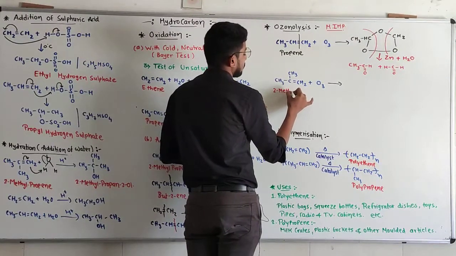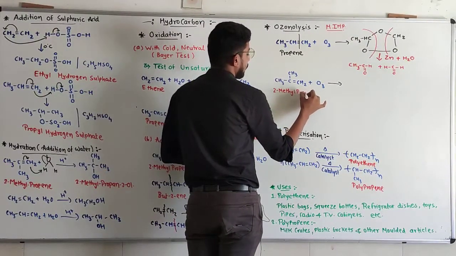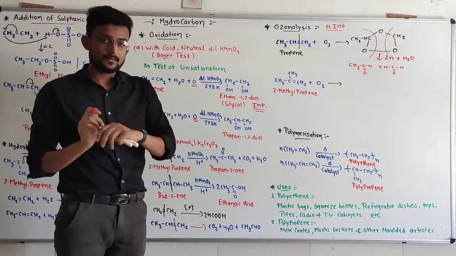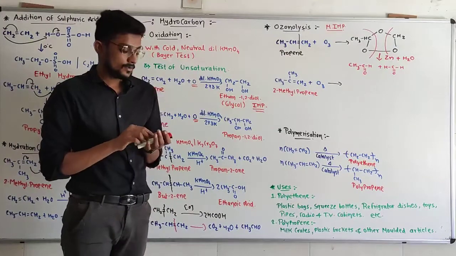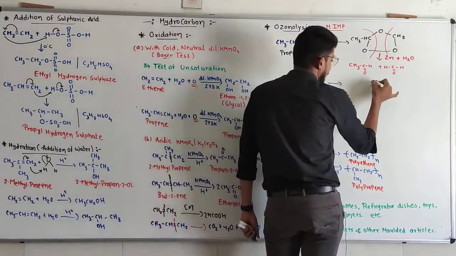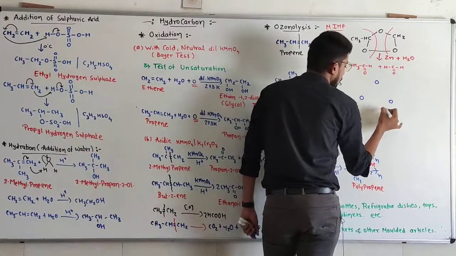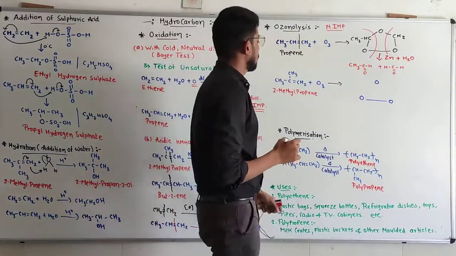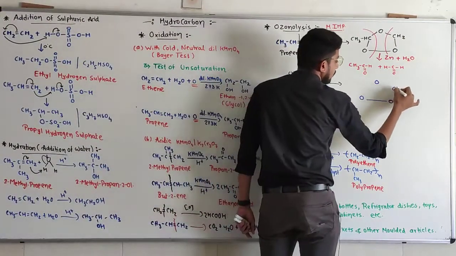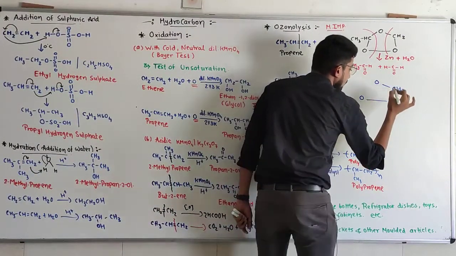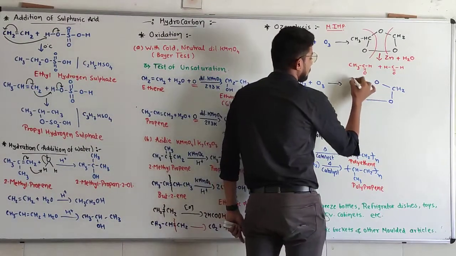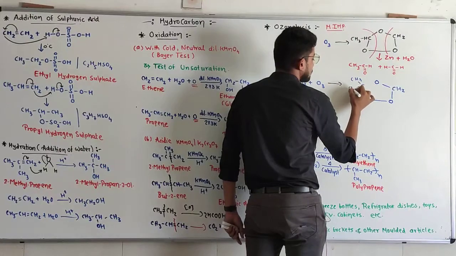Okay, what if we have 2-methylpropene? It is quite simple and easy. Let's draw the ozone, as I told you, in a triangular form. Okay, baseline. Break this one. One piece will be on the left side and one piece on the right side.